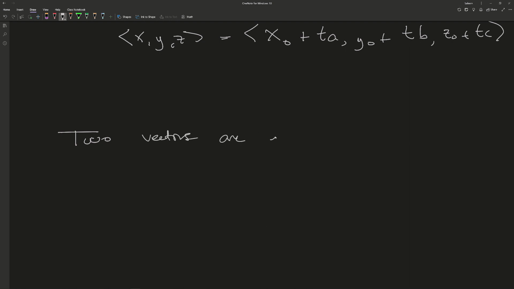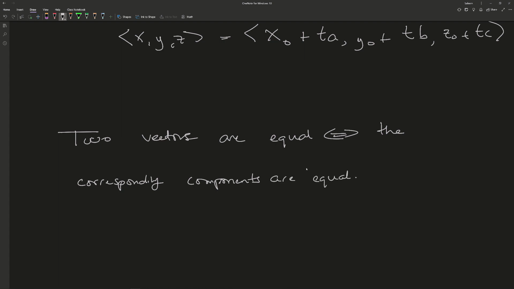So from that, we have three important scalar equations here.